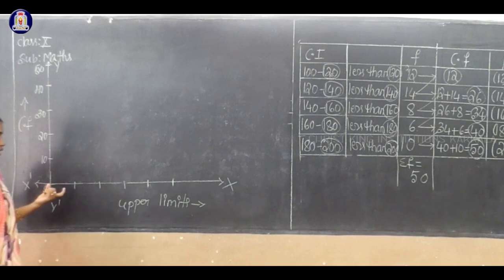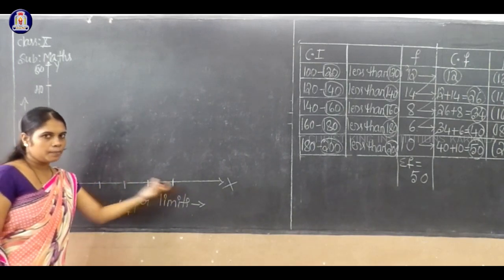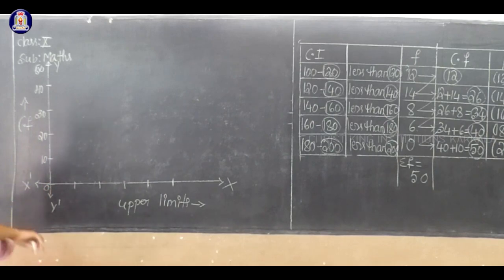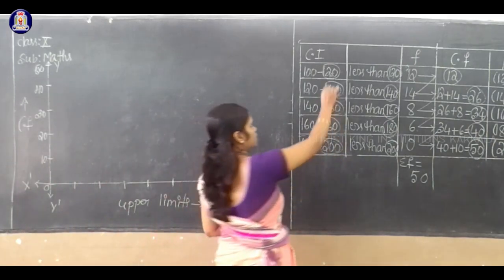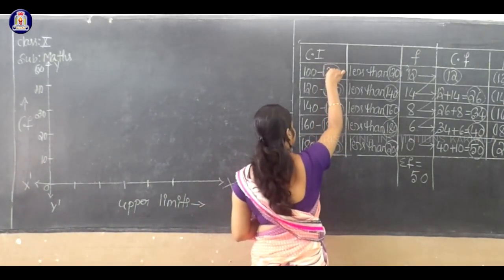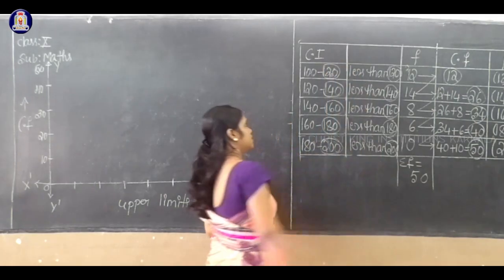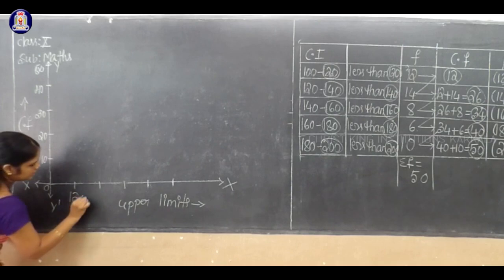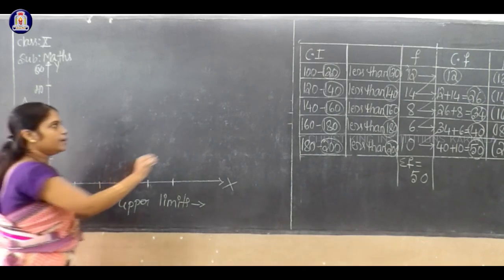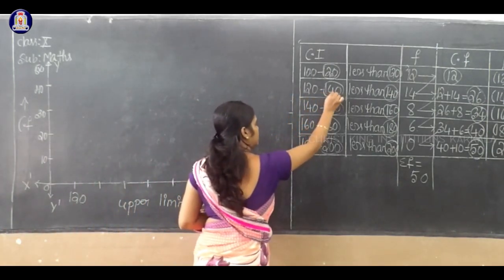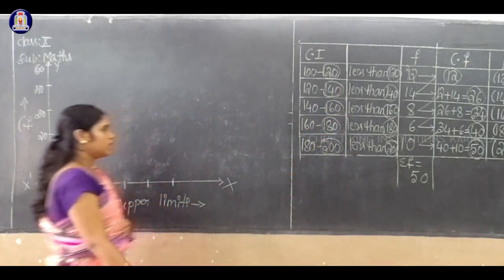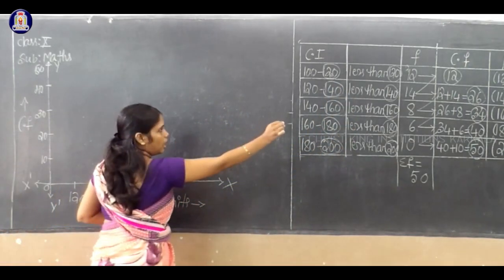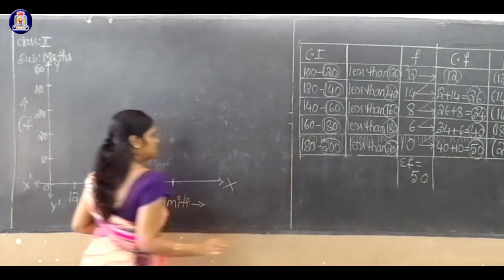Now take 1 centimeter. Here also 1 centimeter. See upper limits. What is your first upper limit here? That is 120, isn't it? So the first number 120. What about your second upper limit? That is 140. Next, third upper limit, that is 160.